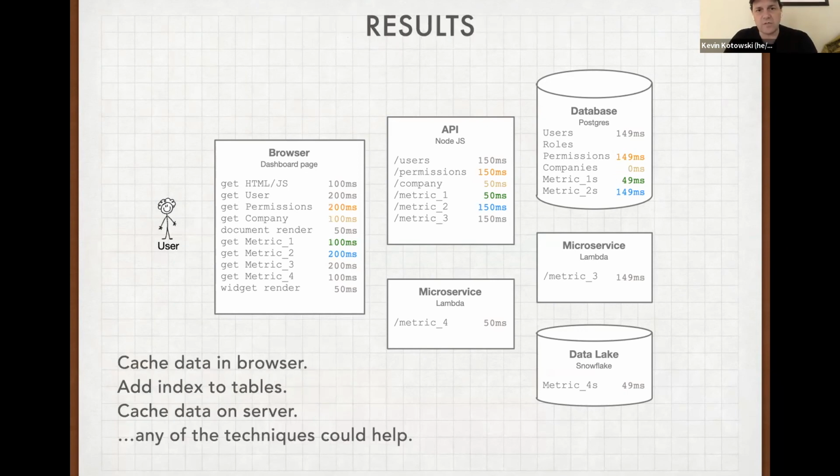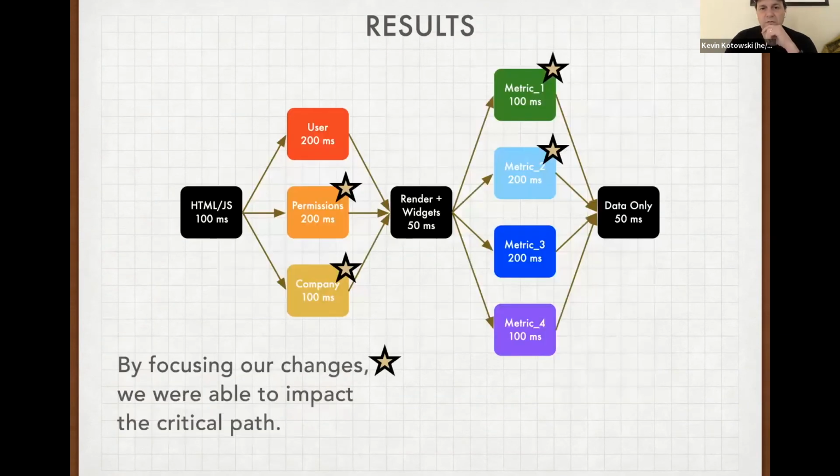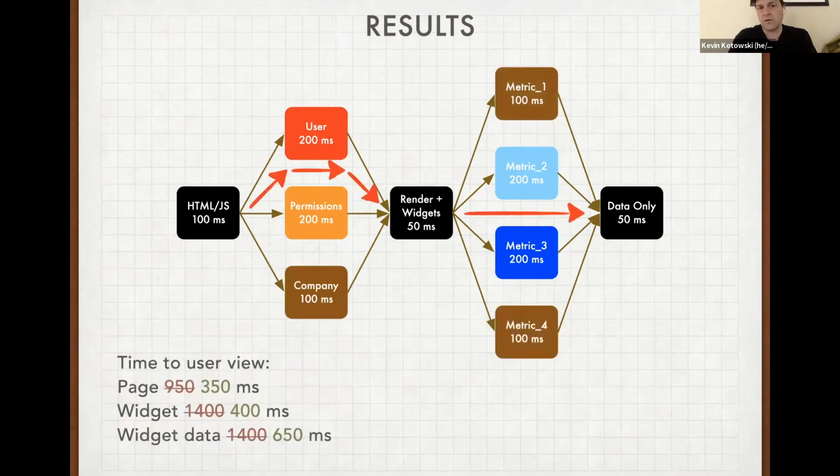And so now the permissions are going to go from 400 milliseconds to 200 milliseconds, and the company is going to drop from 800 to 100. Metric 1 and metric 2, we're going to pretend that those things got better too. And so by focusing in on the items that were on the critical path and then the items that became the critical path later, we're actually now changing the critical path through the system.